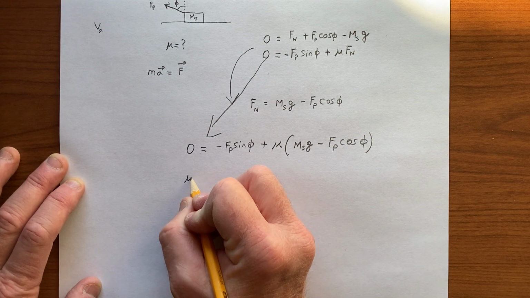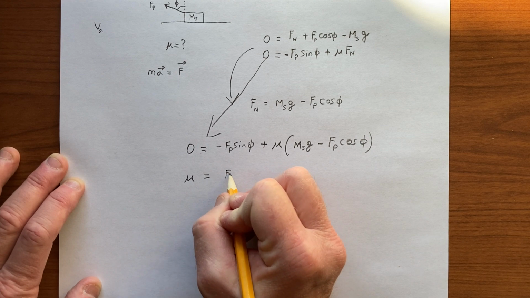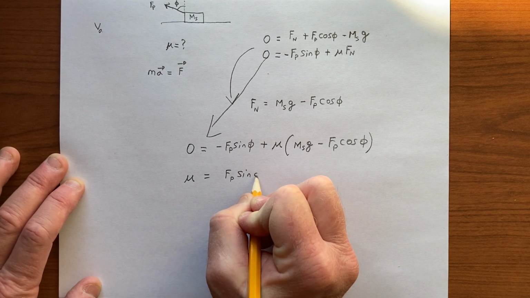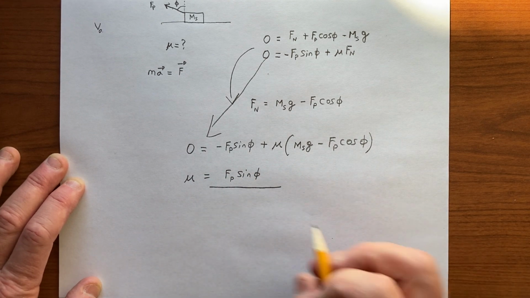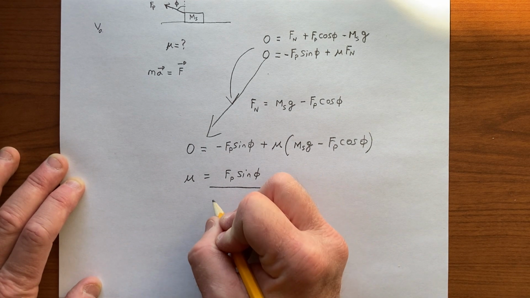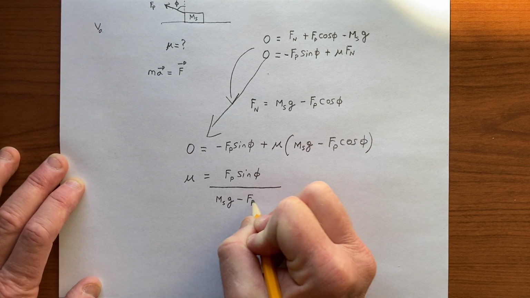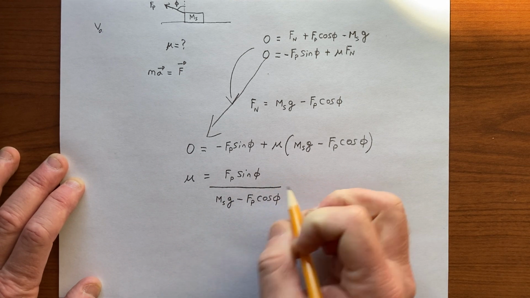So mu will be Fp sine of phi over ms g minus Fp cosine of phi.